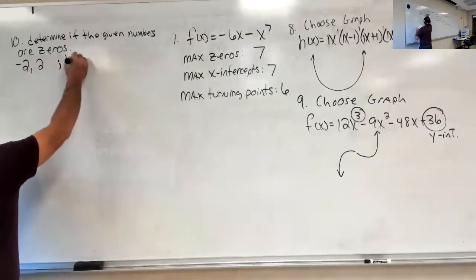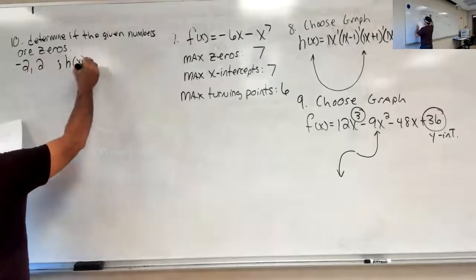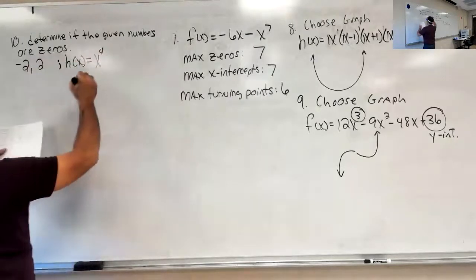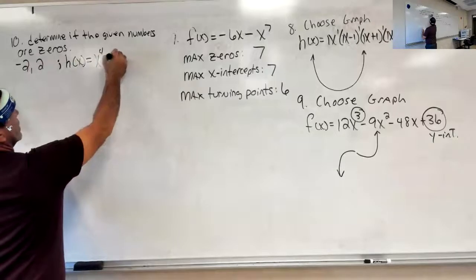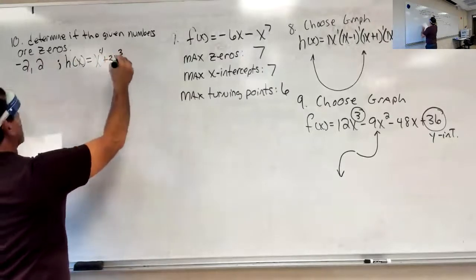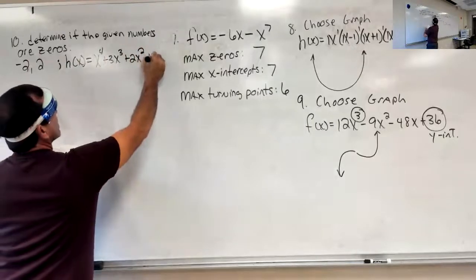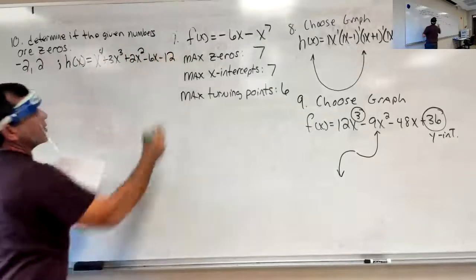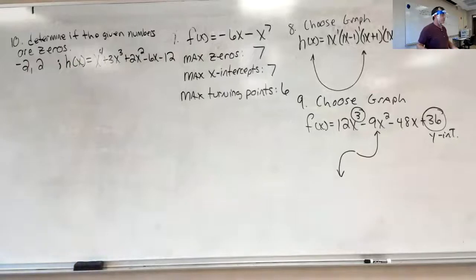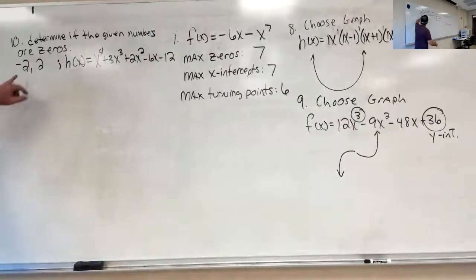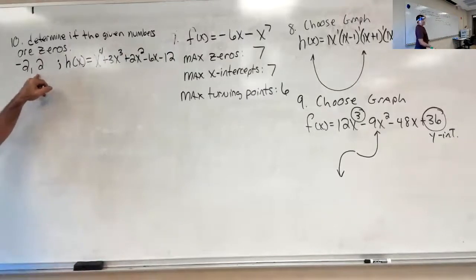And my function is going to be h of x equals x to the 4th plus 3x to the 3rd plus 2x squared minus 6x minus 12. So I'm going to check each of these one by one, and I'm going to use synthetic division.